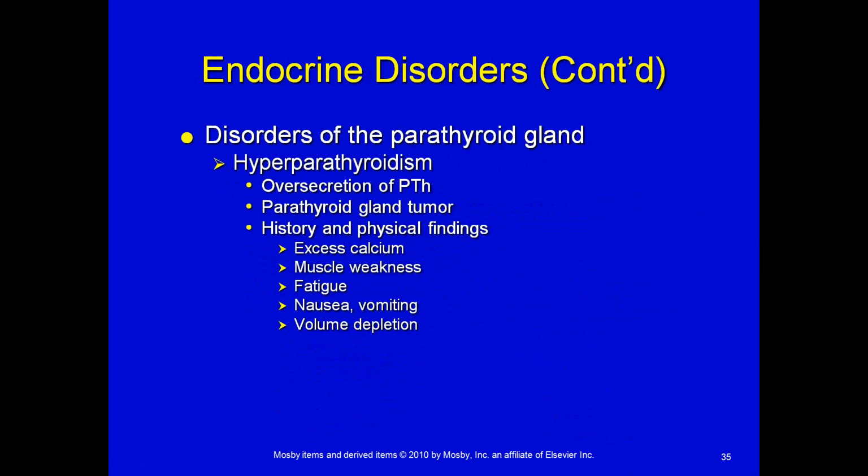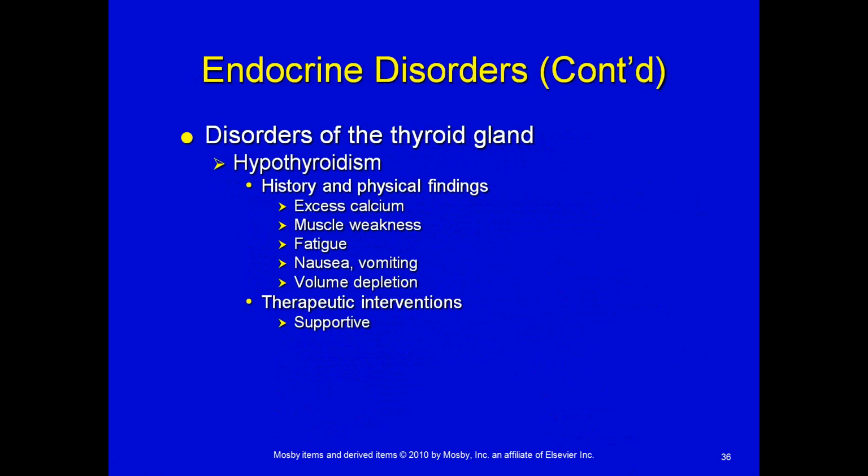A person with hyperparathyroidism would have excess calcium in their blood, which is hypercalcemia. With many electrolyte disturbances, too much of the electrolyte in the bloodstream leads to very common symptoms of muscle weakness, fatigue, nausea and vomiting, and of course the vomiting could lead to volume depletion as well.